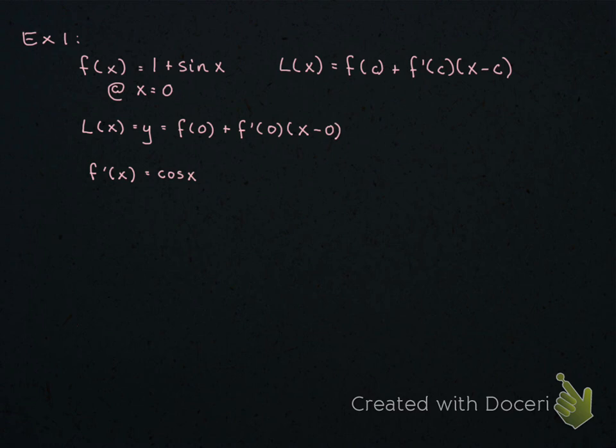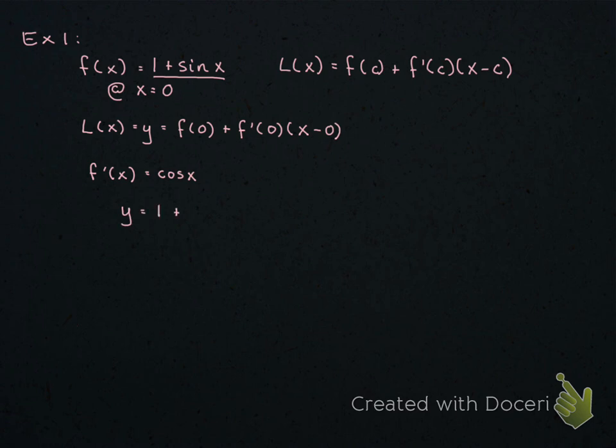f of 0 means that we are going to plug 0 into 1 plus sine of x to get 1 plus sine of 0. Well, sine of 0 is 0, so f of 0 is equal to 1.